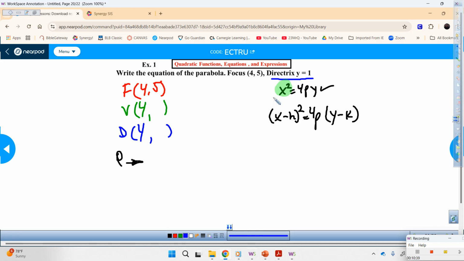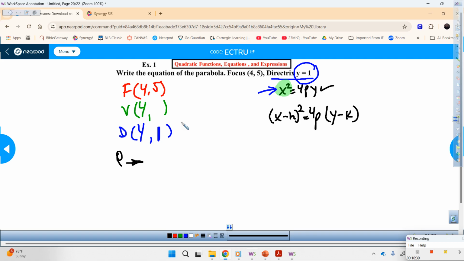Isn't that the x? Yes, that's why all these are x's, the same value. All right, next. What is the directrix? Y is what? 1, so that goes right here. All right. So far, so good.